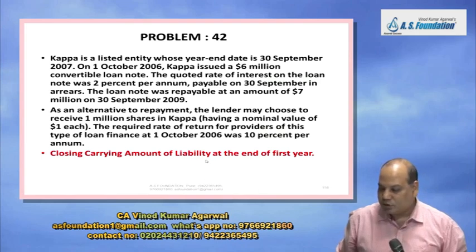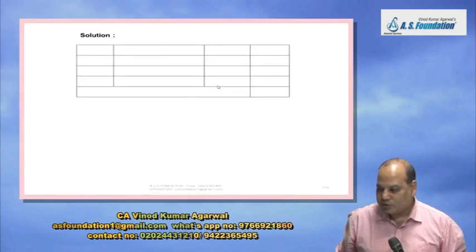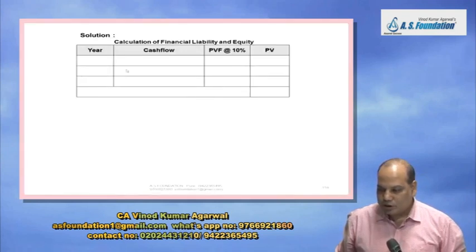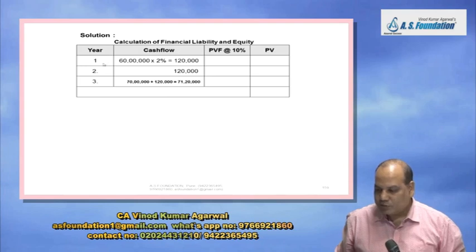So first we will solve like a normal question we have been doing. Year, cash flow, present value factor. First year we will pay coupon 2% of 6 million, 1,20,000.